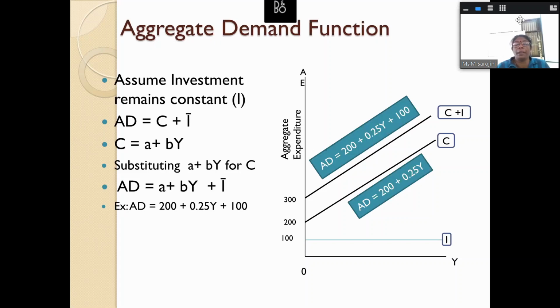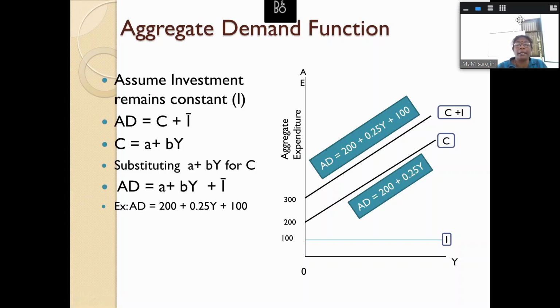Also, we can further elaborate the aggregate demand using this diagram. Here we know the investment is a constant variable. Therefore, AD is equal to C plus I, and C is equal to A plus BY. Using this information, you can derive the aggregate demand function. Here, the lower curve indicates only the consumption.